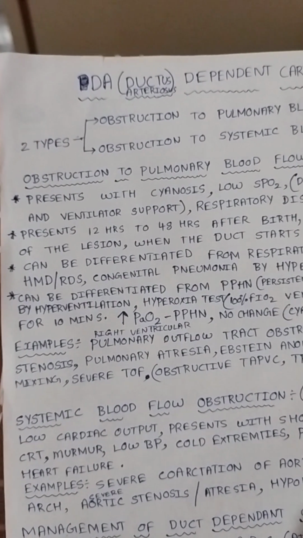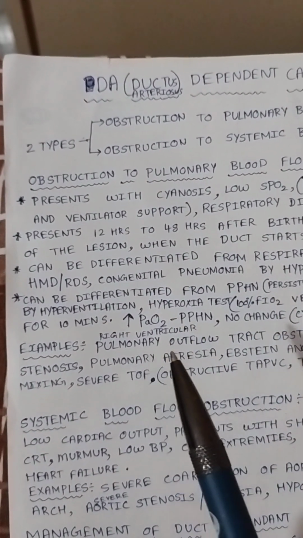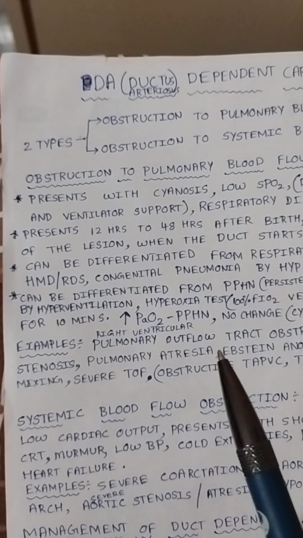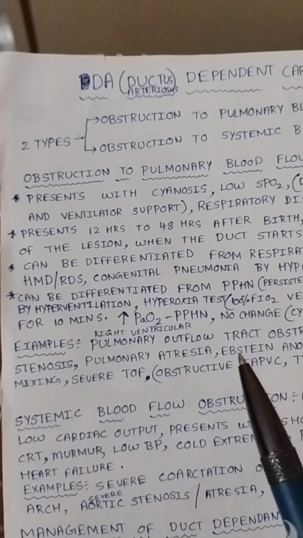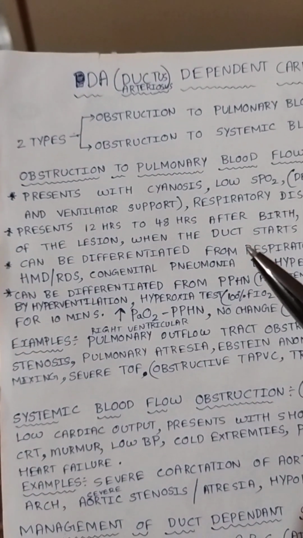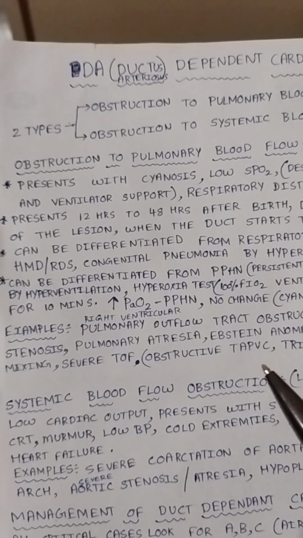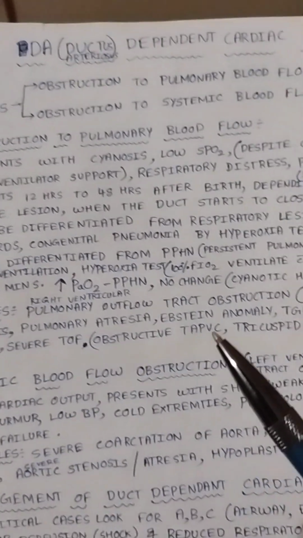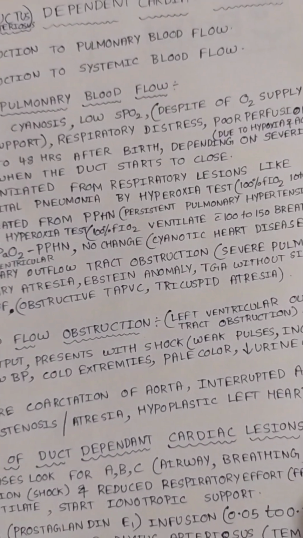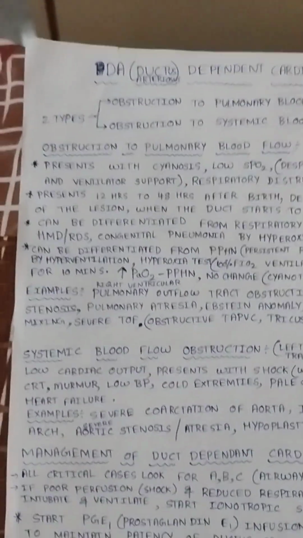Then you should differentiate from respiratory causes and pulmonary arterial hypertension by the hyperoxia and hyperventilation test. Then you should suspect pulmonary blood flow obstruction. Pulmonary stenosis, pulmonary atresia, Ebstein anomaly, and severe tetralogy of Fallot are examples of pulmonary tract obstruction.